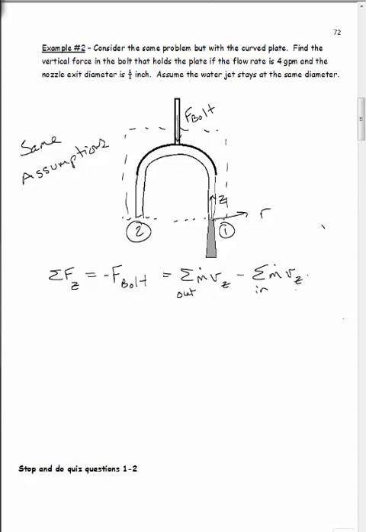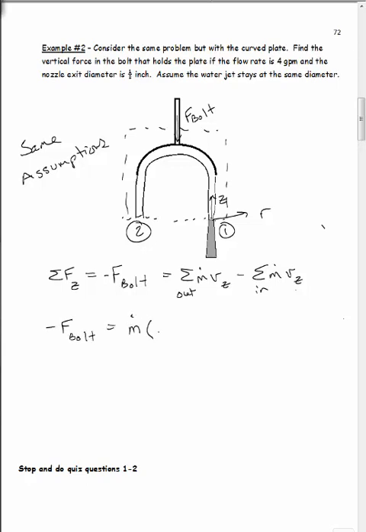So what's different this time is now at our exit we do have a component. In fact, the whole thing is going in the Z direction, so we can't just cancel out our outlet M dot VZ.